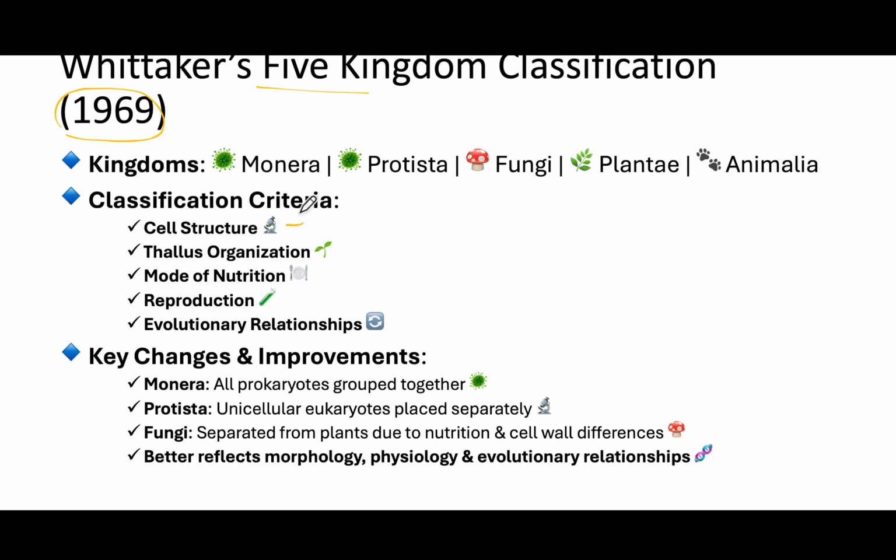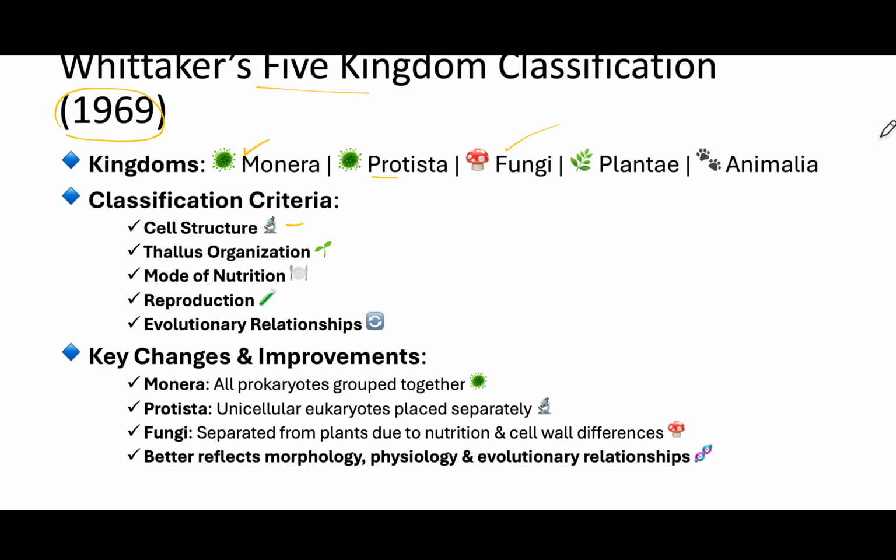Clear? Now, very important: the kingdoms of R.H. Whittaker's 5 kingdom classification. What kingdoms did he include? First, Monera. Second, Protista, fungi, plant, animal. How can we remember them? Monera, Protista, fungi, plant, animal.